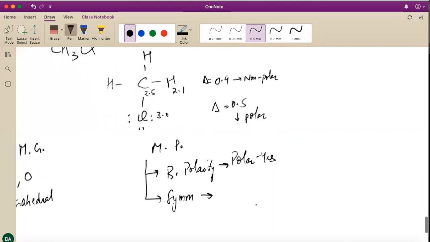Now for symmetry, what are you going to say? Does this thing look symmetrical to you? No. Guys, even if you have no idea about anything we learned today, you should be able to look at this and tell me that it is not symmetrical, because it has 3 hydrogens and then 1 chlorine on the other side. So no. How should I frame this sentence?